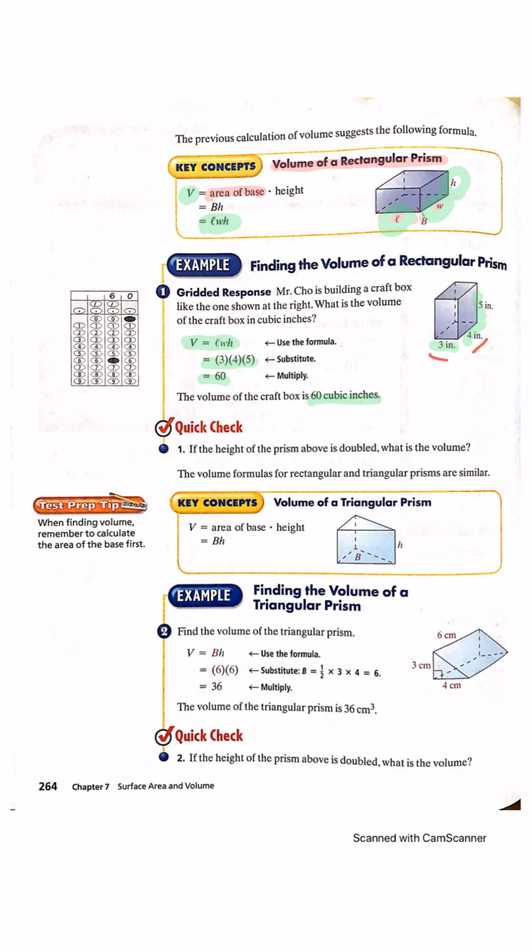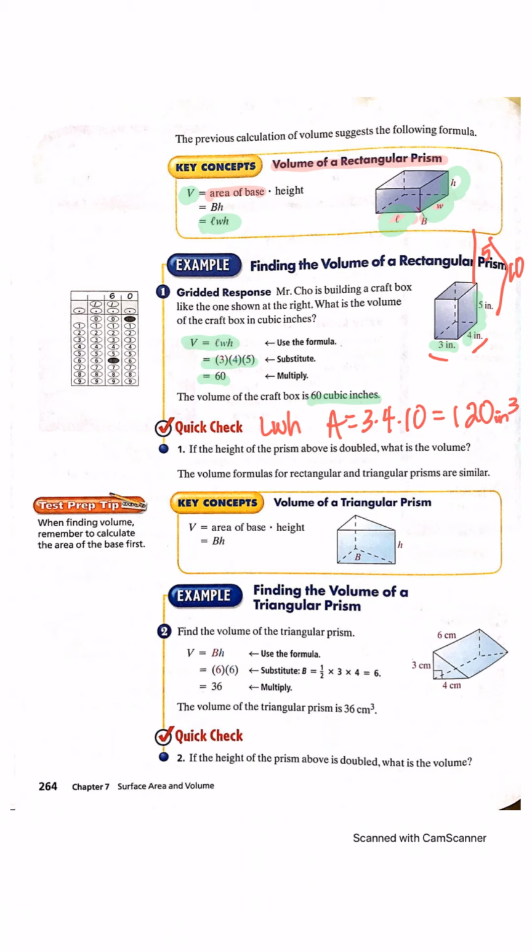That's a terrible drawing. So if this is 5, it's going to actually be twice as tall, so that means this is going to be 10. So your equation is going to be length times width times height, which equals 3 times 4 times 10, which equals 120 cubic inches.